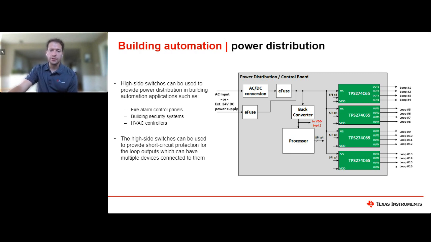The TPS-274C65 can provide those features. It can provide short circuit protection, maybe if there's a bad sensor or a bad detector, to protect and just shut off that one loop. It can also provide some fault diagnostics to allow for quicker debug and get the system back on.